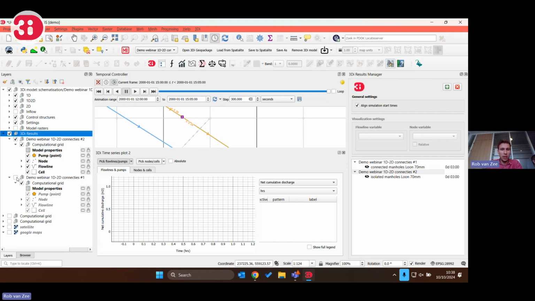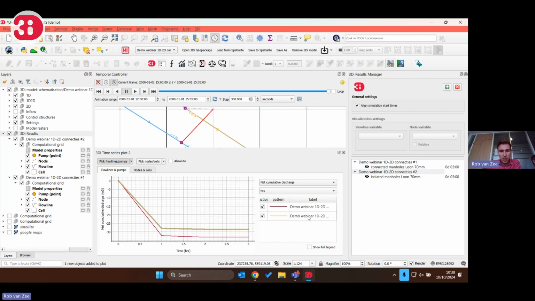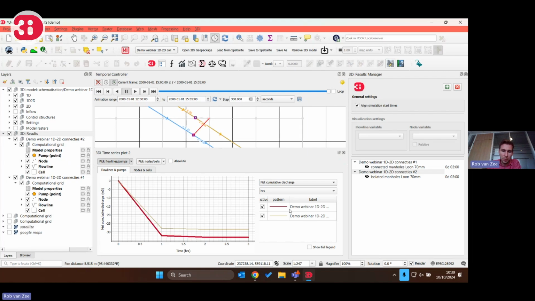Yeah, so this one is only connected in this simulation. And in this simulation, there is the connection. So what we can see, for example, if we click on this connection, here we can see the difference over which the 2D, the amount of water that flows over this line.